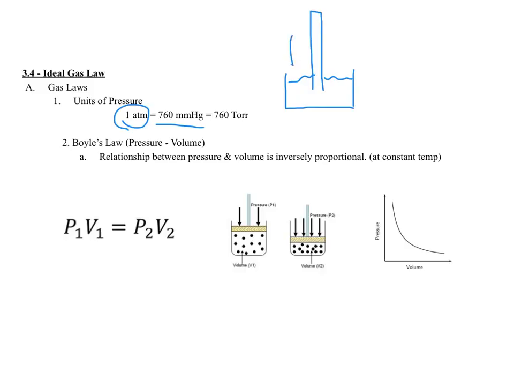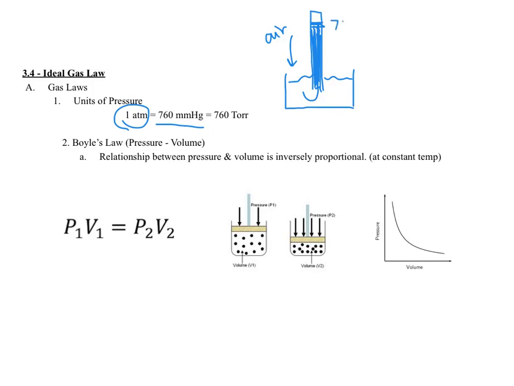The gas pressure from the air pushes down on that liquid, and the liquid goes up the barometer and reaches a certain height. Whatever height that is represents the pressure of the air around it.